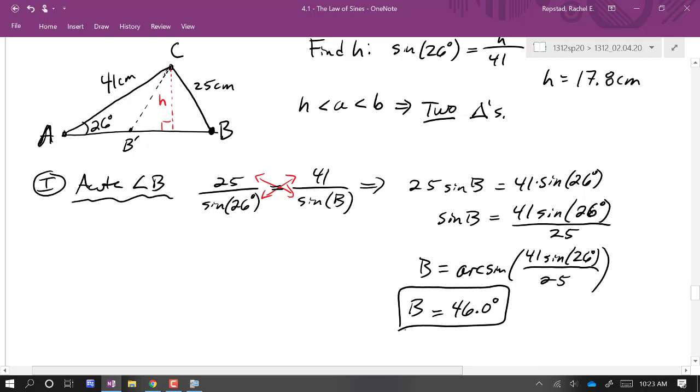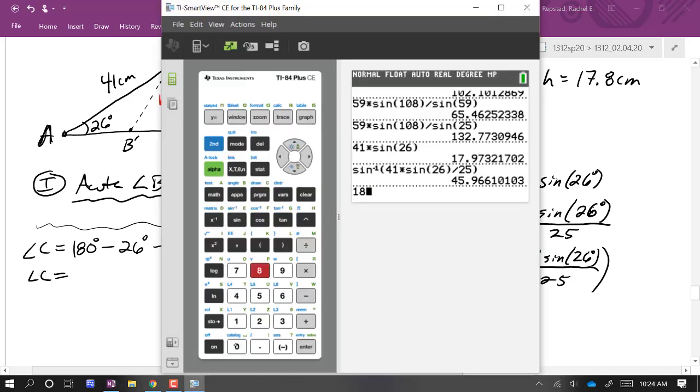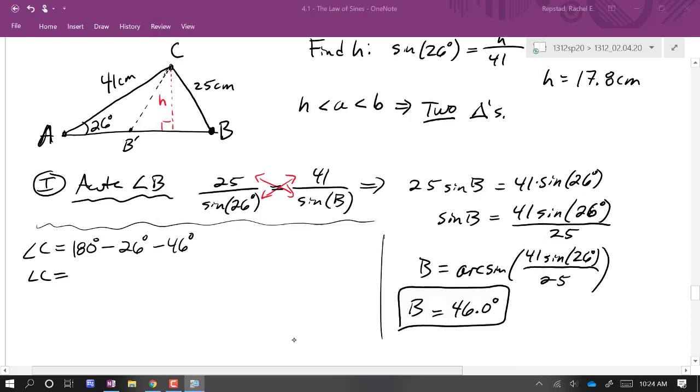So I have angle A, we have angle B. What can we find next? Angle C. Once we have angle C, then we can find side C. 108.